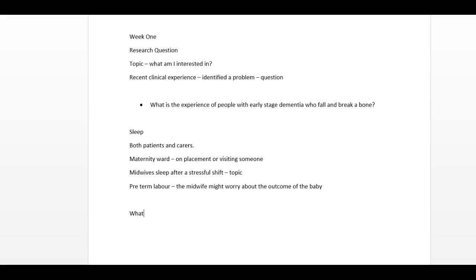So I might decide, what is the experience of midwives in delivering a preterm, and, oh, bad spelling, folks, preterm baby.